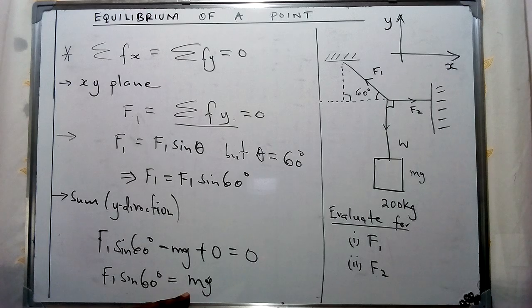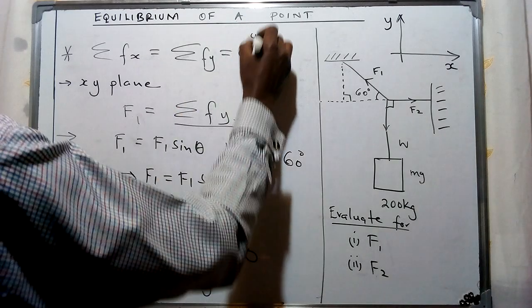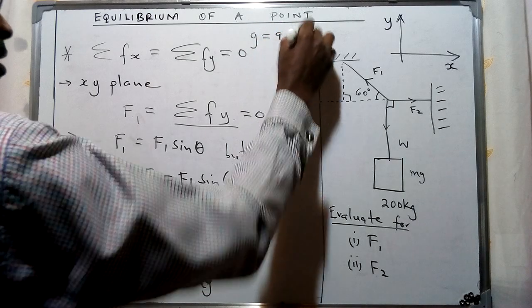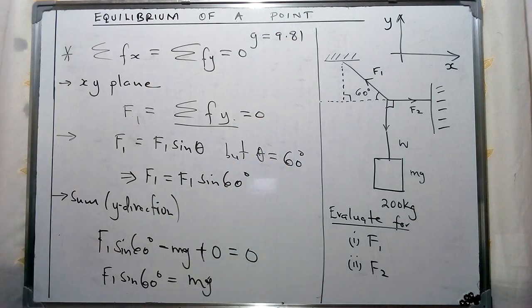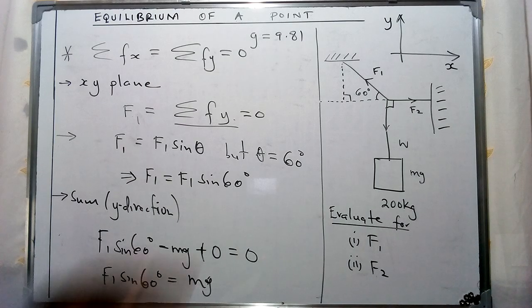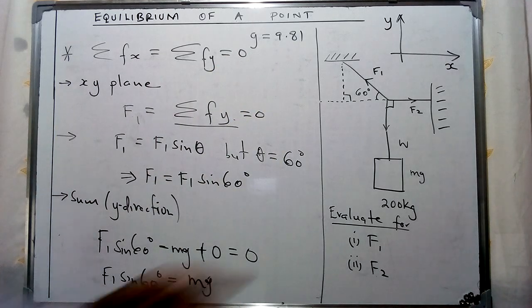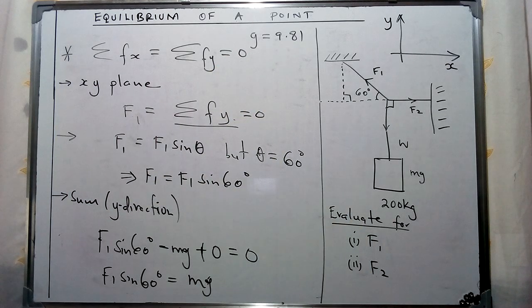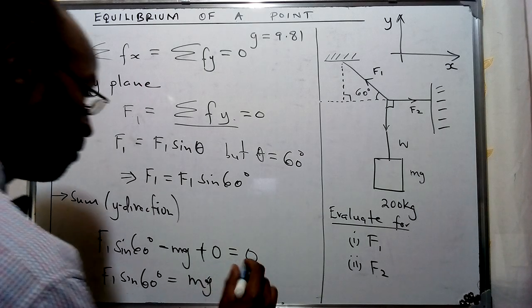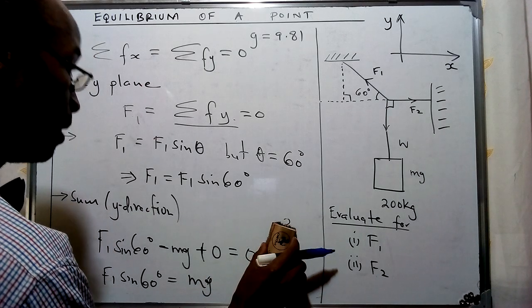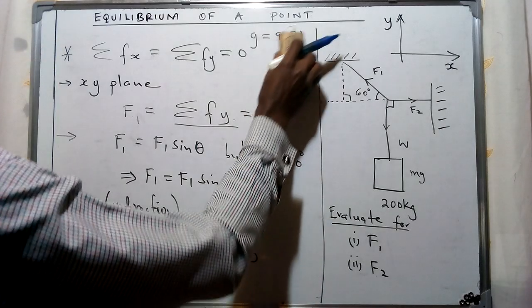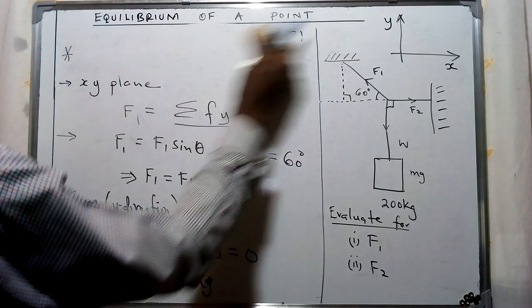Now that we have mass and the acceleration due to gravity, we're going to use g equivalent to 9.81. Of course, that is our gravitational constant, or attraction due to the force of gravity, subject to this specific mass which you are given in kilograms.